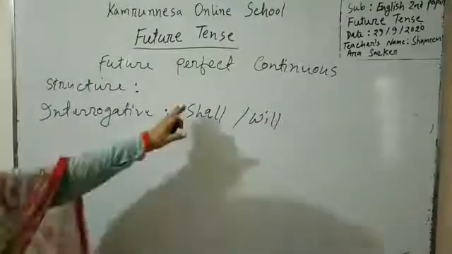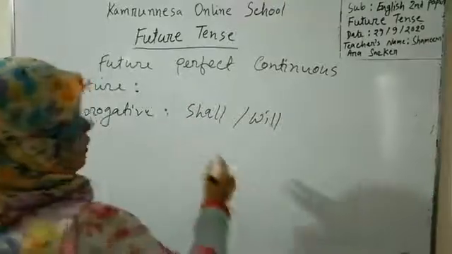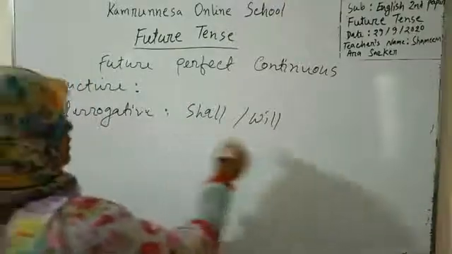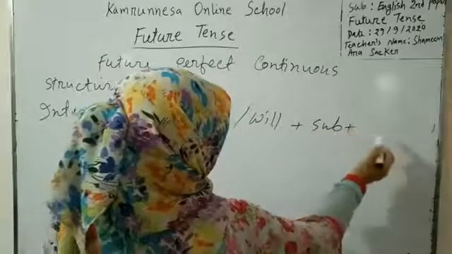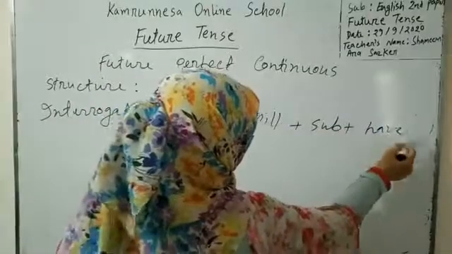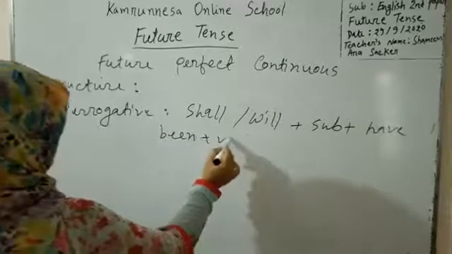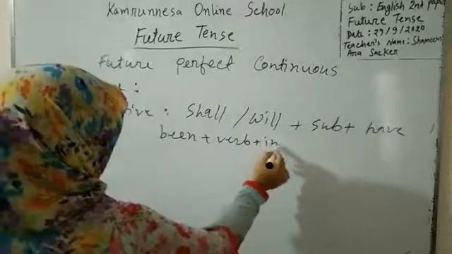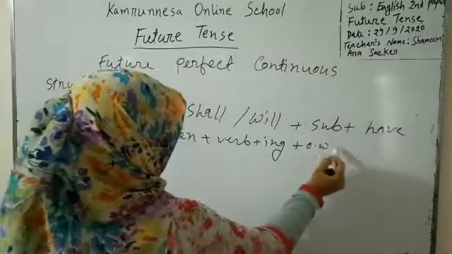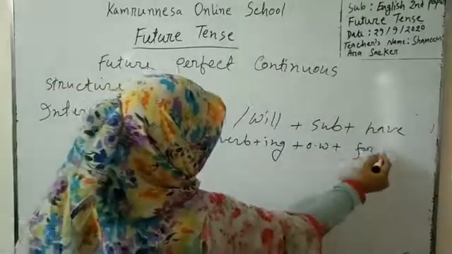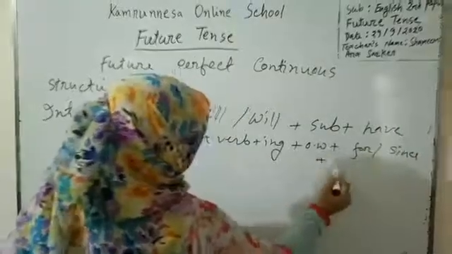You know, for first person I, shall is used, and all other persons will is used. Shall or will plus subject plus have been plus verb plus ing plus other verb plus for or since plus time.